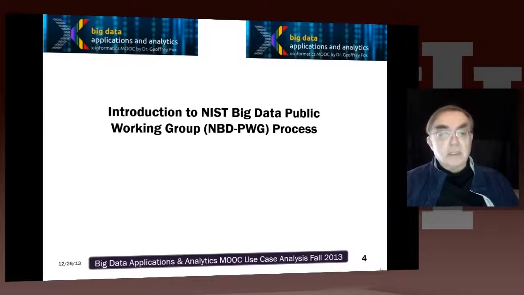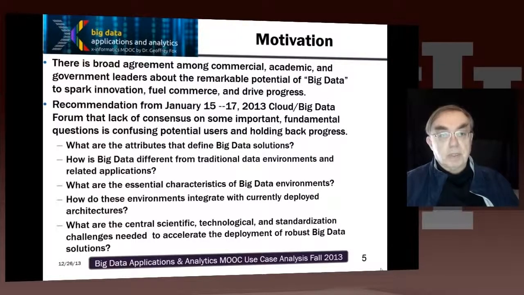All right, so first we have a discussion of the actual whole process, which is the NIST Big Data Public Working Group. That was the total activity, and it had various subgroups. The motivation of the process came from a previous NIST activity centered on clouds.